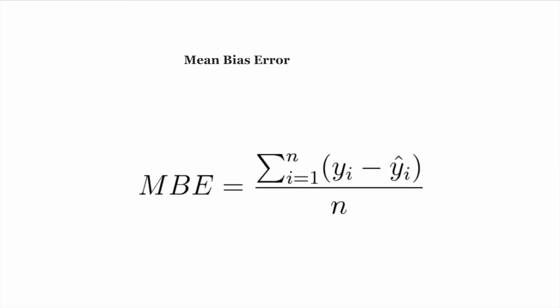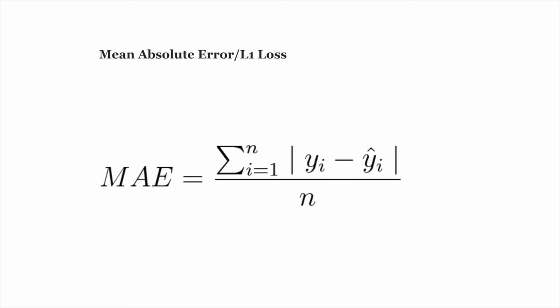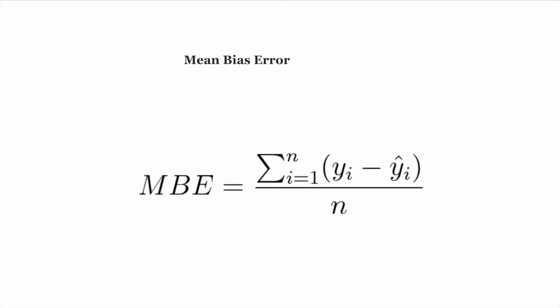Now I will talk about the mean bias error. It differs from mean absolute error: in MAE we take the absolute value of the error, but here we do not take the absolute value. So it can be a negative or a positive value, and it gives the direction of the bias, negative or positive.